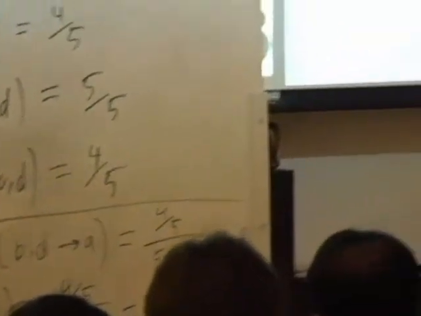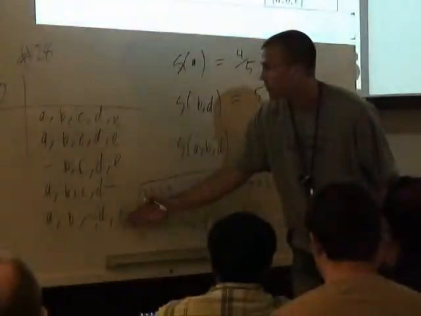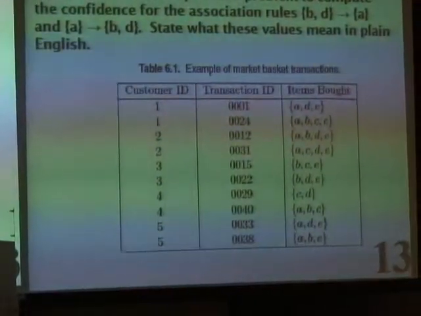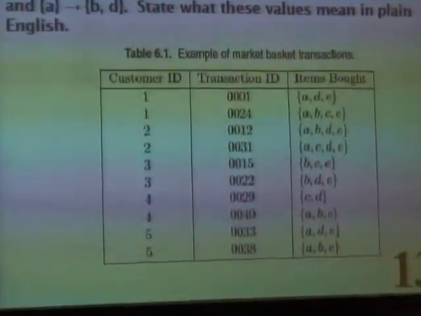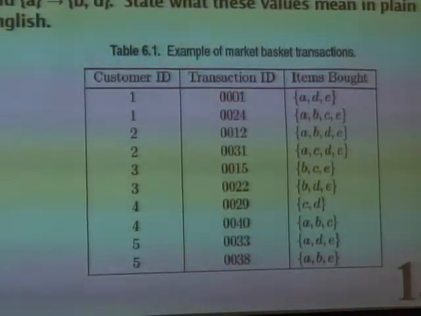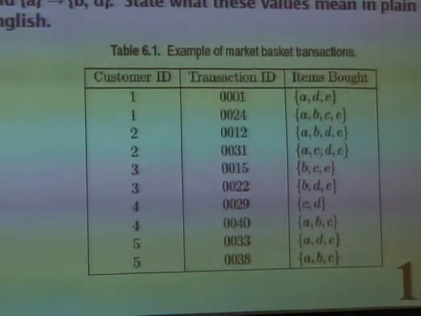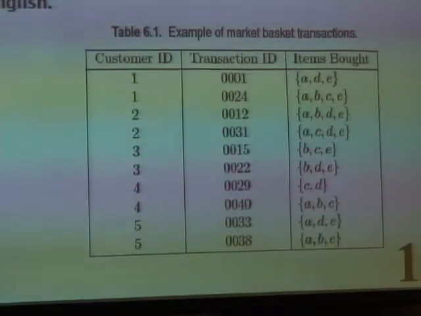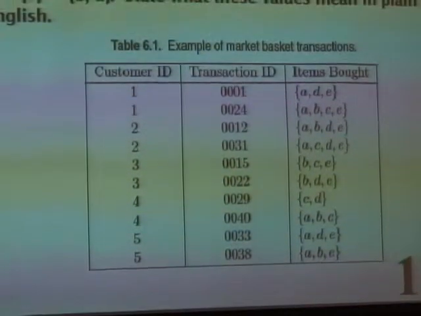Everyone who bought A also bought B and D. Those 4 people also bought B and D. But everyone bought B and D, so that doesn't tell you anything interesting. The confidence of A implies BD is 100%, but anything implies BD is going to be 100% because everyone bought BD. We'll talk about this as a limit to confidence. It's not a relative measure, it's an absolute measure. But it is true: if someone bought A, I know for sure they bought B and D. But nothing special about A in that context.